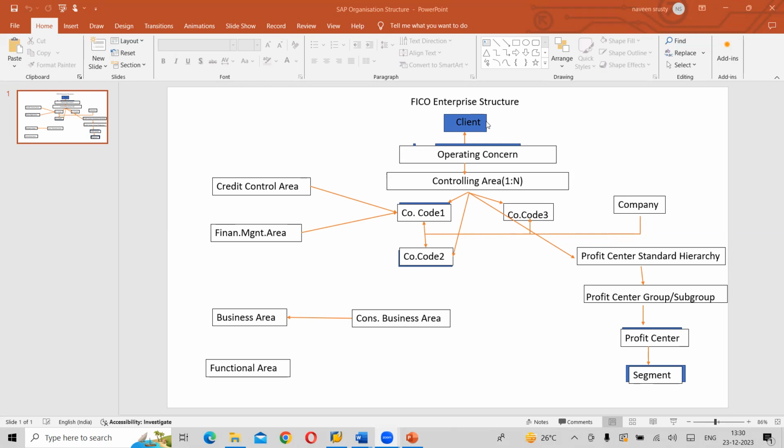The movement of data from one server to another, in SAP terminology, we call a transport. Transport means moving the structure and data from one server to another. With a transport request, we move the data from the development server to the quality server.